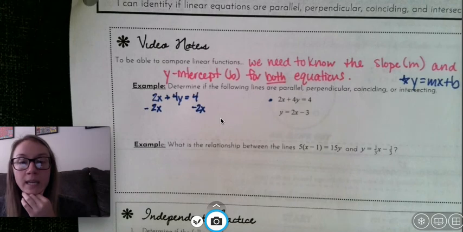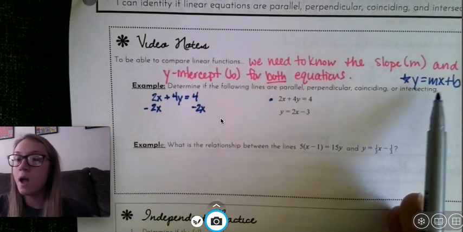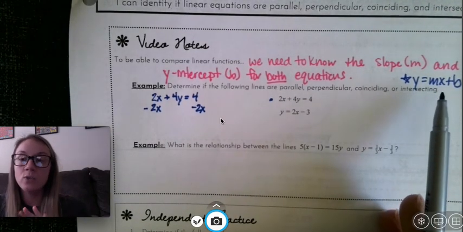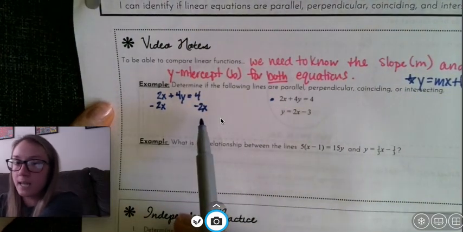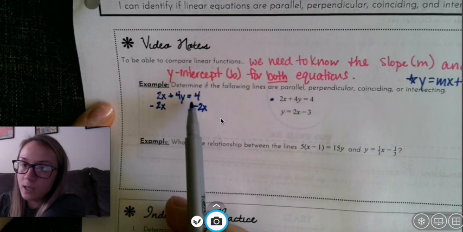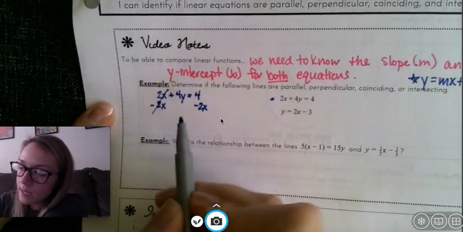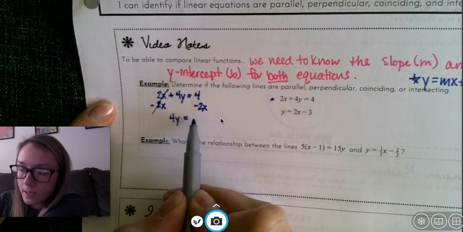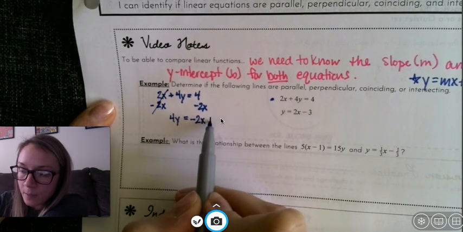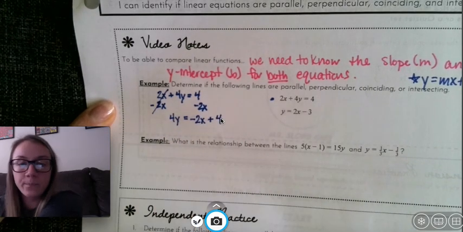And normally, if we look back up here, our mx is usually first and then our b is at the end. And so even though I'm subtracting it, I'm going to put it kind of in front of that 4. So these will cancel. We're left with 4y equals negative 2x and then our positive 4, so plus 4.